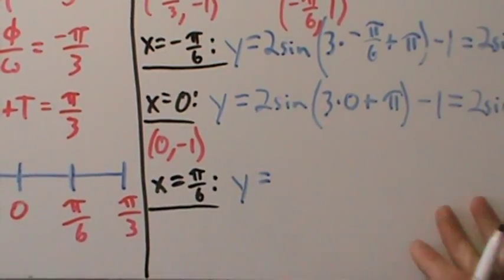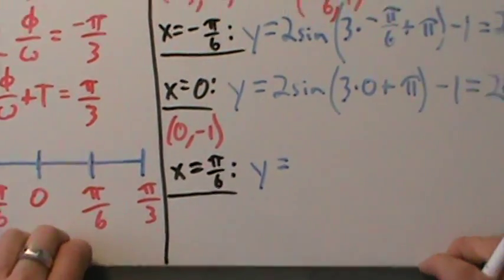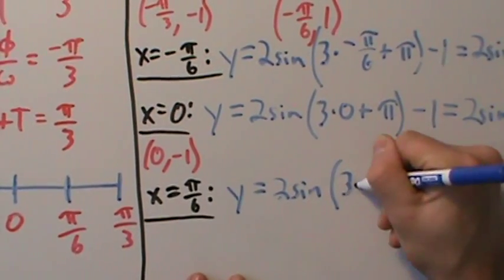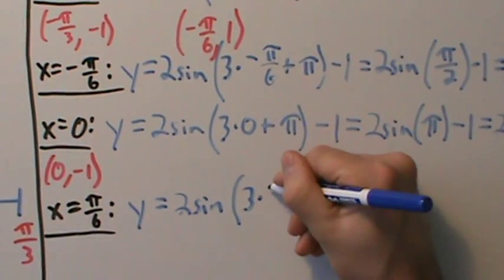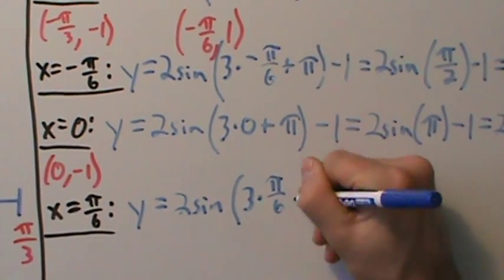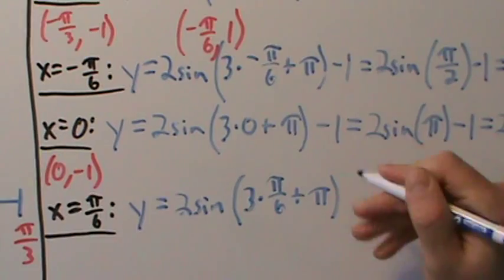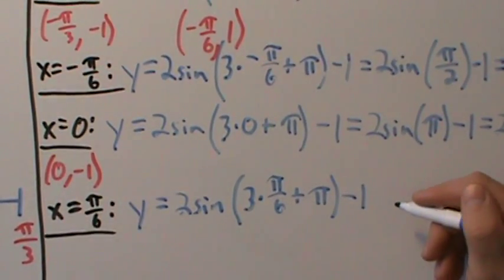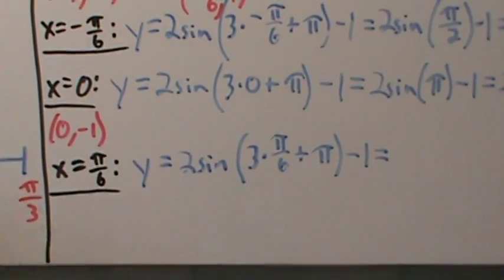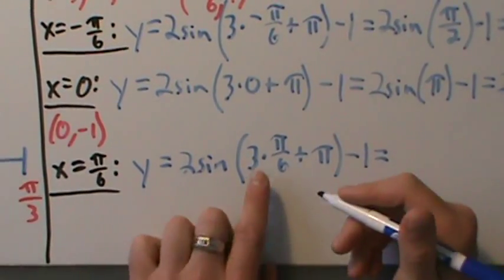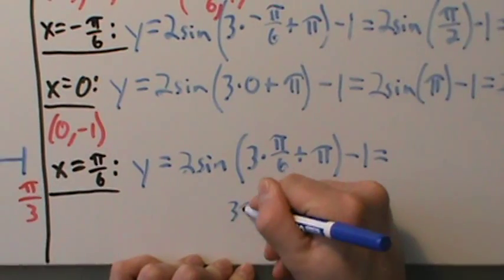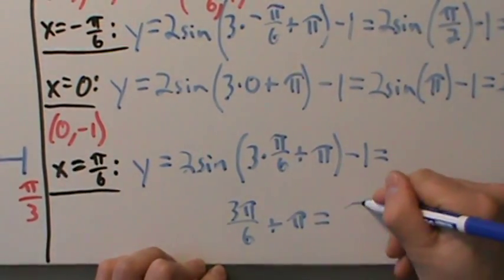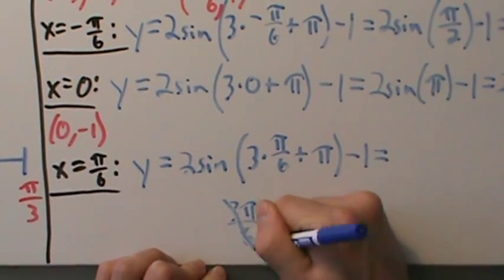Anyway, when x is pi over 6, that's our next one. We have y equals 2 times the sine of 3x plus pi, so 3 times pi over 6 plus pi, minus 1. 3 times pi over 6 is 3 pi over 6, which simplifies to pi over 2, because 3 goes into 6 twice.